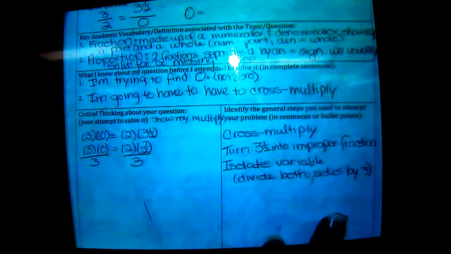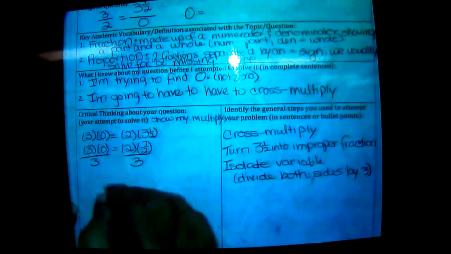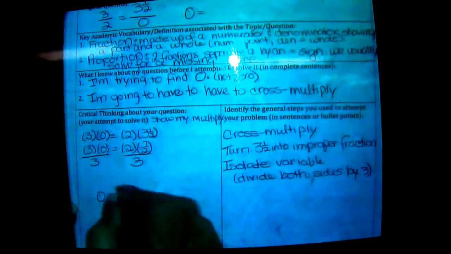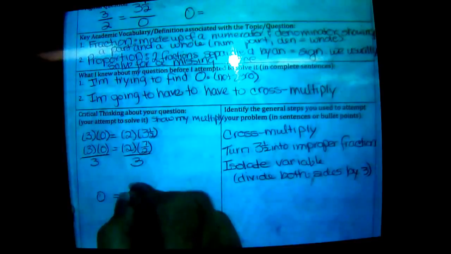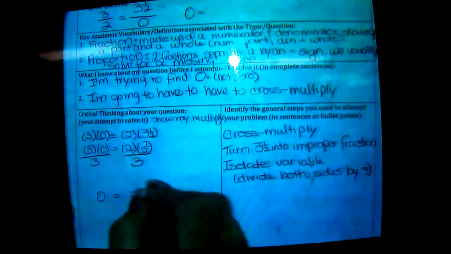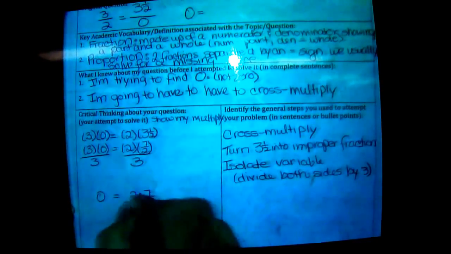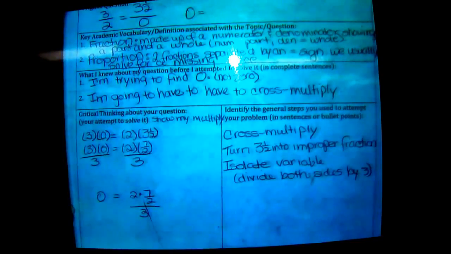We write the me chart, the E is on the right. Over here we're going to divide both sides by 3. Now we just have the letter O equals 2 times 7 halves over 3.